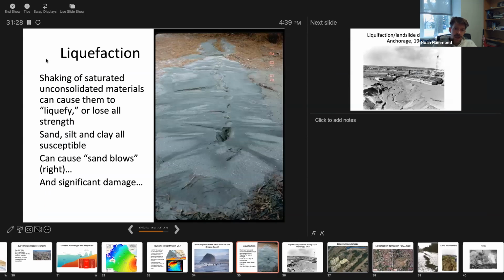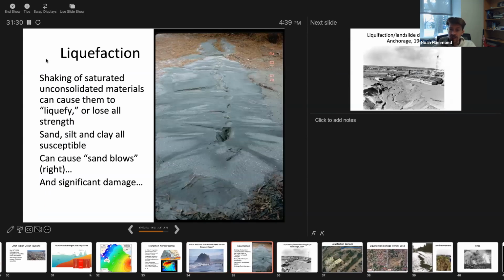All right, another type of hazard that earthquakes can cause is this phenomenon called liquefaction, where the shaking of the ground causes soils that are saturated with groundwater to suddenly liquefy and lose all strength.